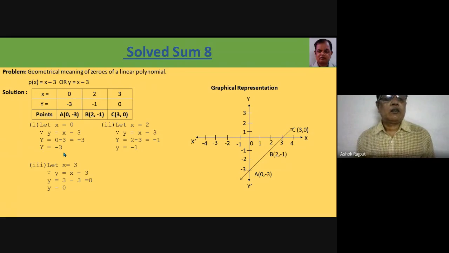In the next third step, let x be equal to 3. So we put here the value of x as 3, y equal to x minus 3. Then y equal to 3 minus 3, the difference is 0. The value of y is 0. So we have written the points: A is 0 comma minus 3, B is 2 comma minus 1 and point C is 3 comma 0.